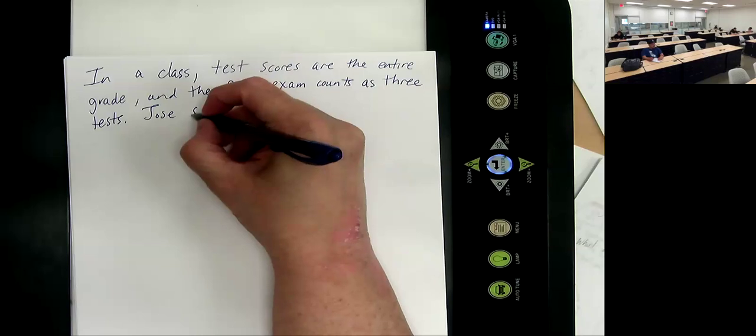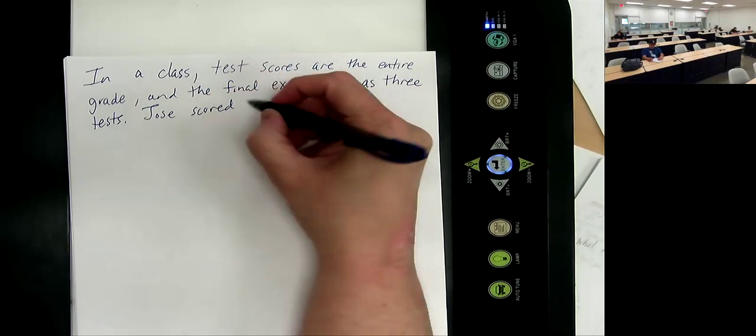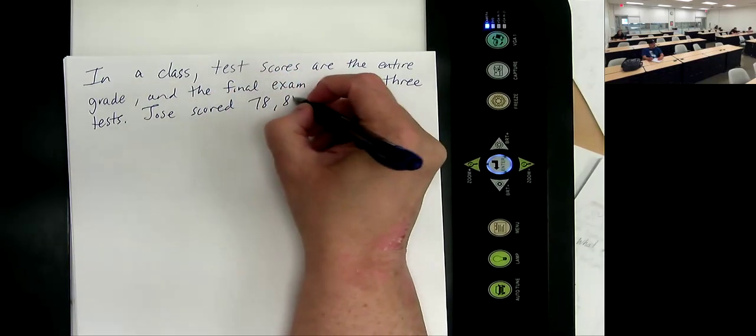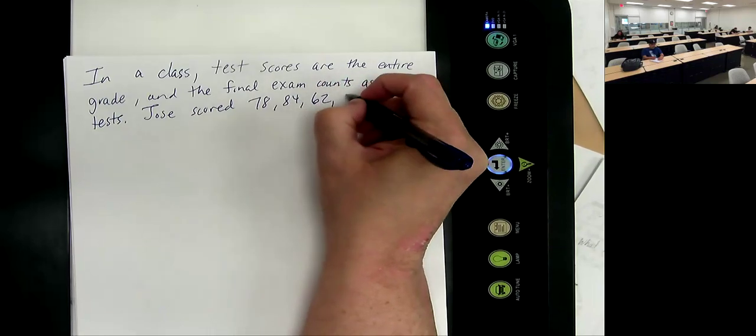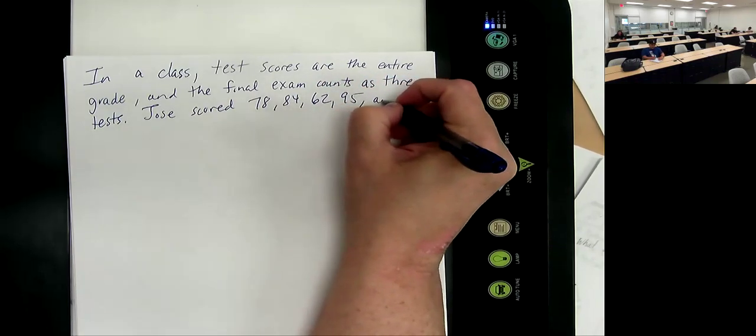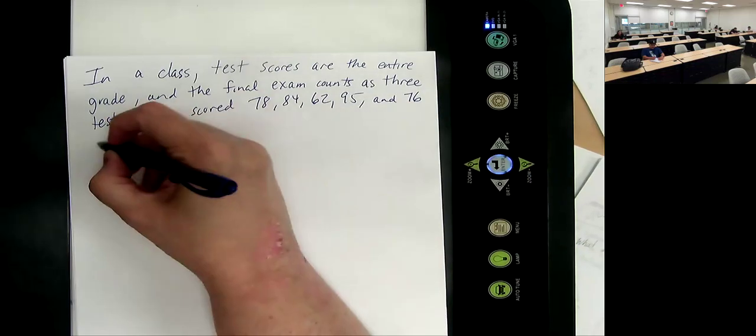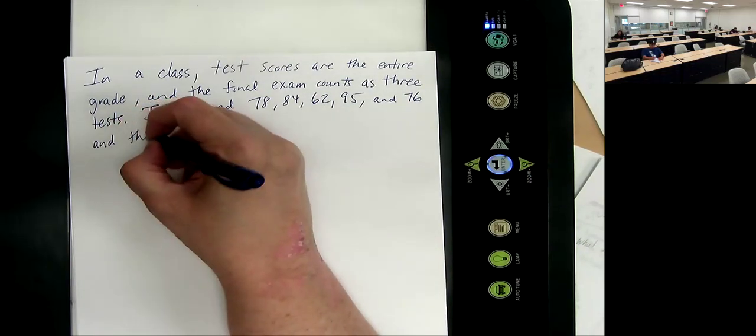Jose scored 78, 84, 62, 95, and 76 on the 5 exams before the final.